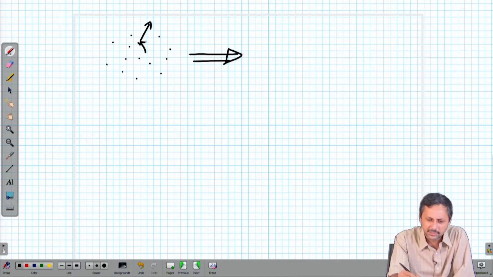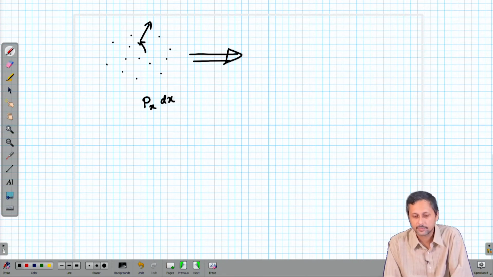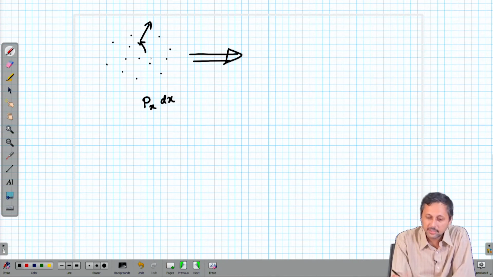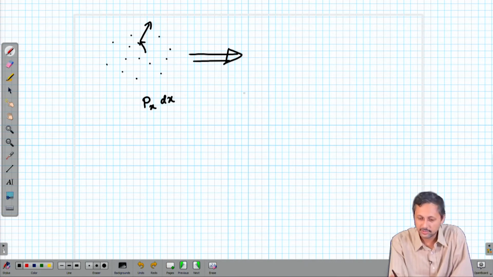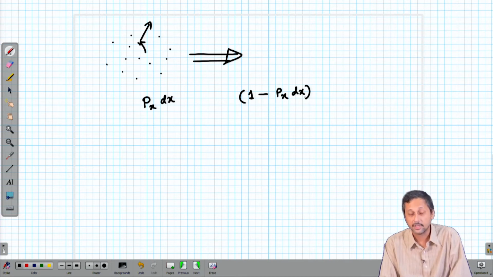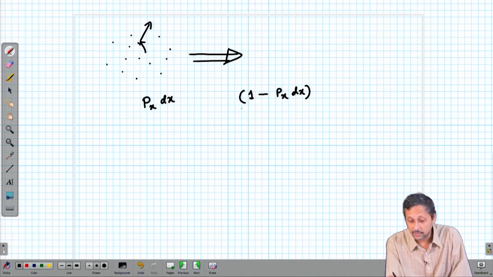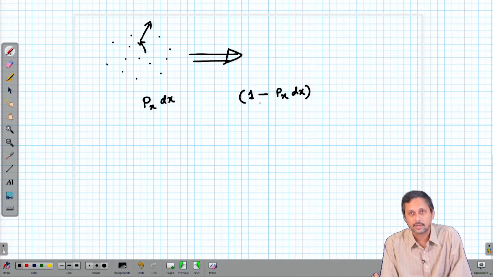What is the probability that it will suffer a collision in this distance? The probability is given by p x dx. What is the probability that it will not suffer a collision? This is given by the probability 1 minus p x dx, right, because the total probability has to be 1.